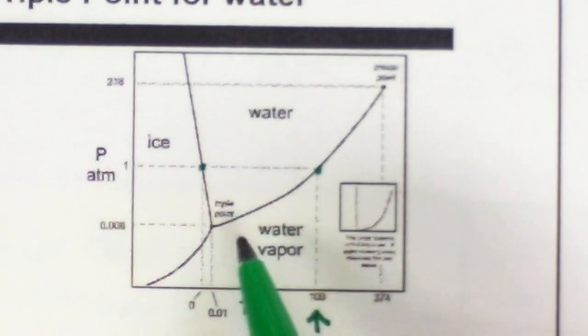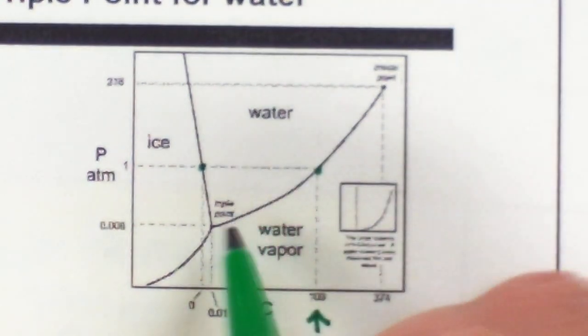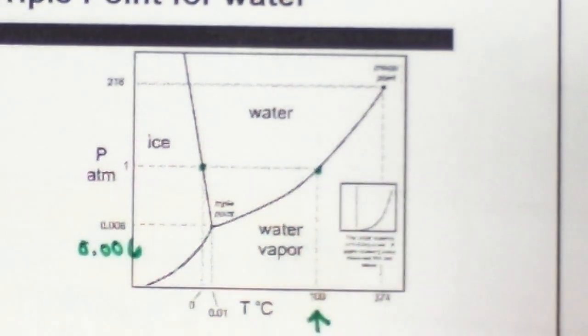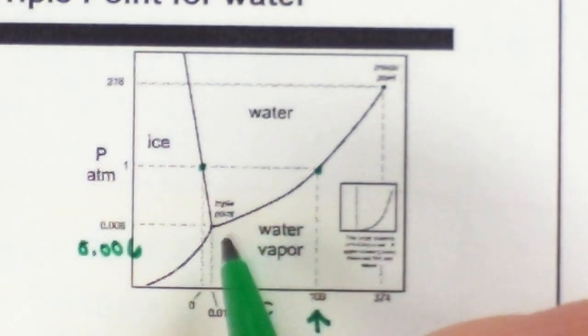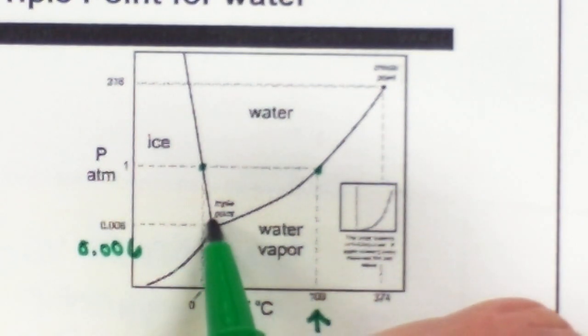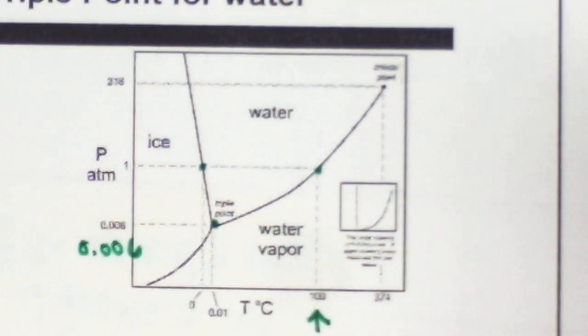Now, if we look at that triple point that we were talking about, that triple point is at 0.006 atm, which is very, very low pressure, and it's at 0.01 degrees Celsius. And that is a very unusual temperature, just above freezing.